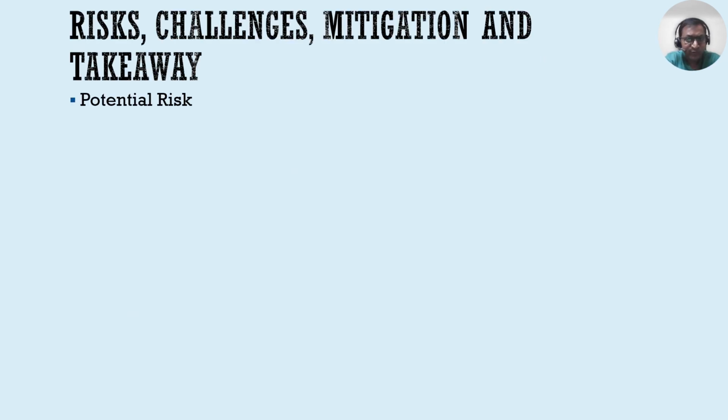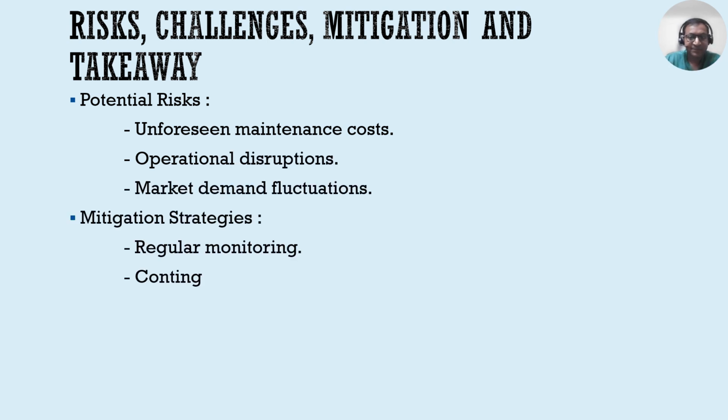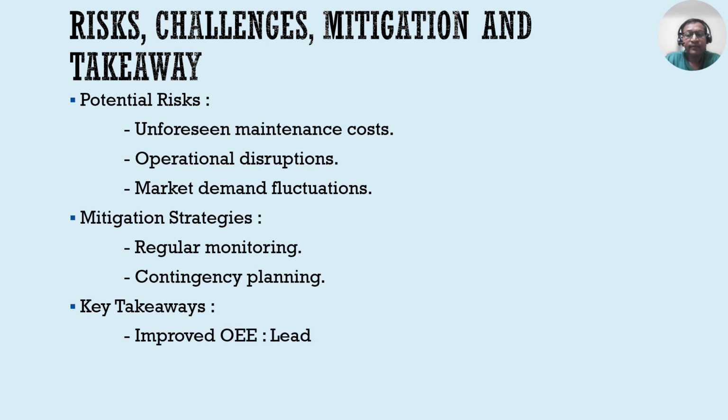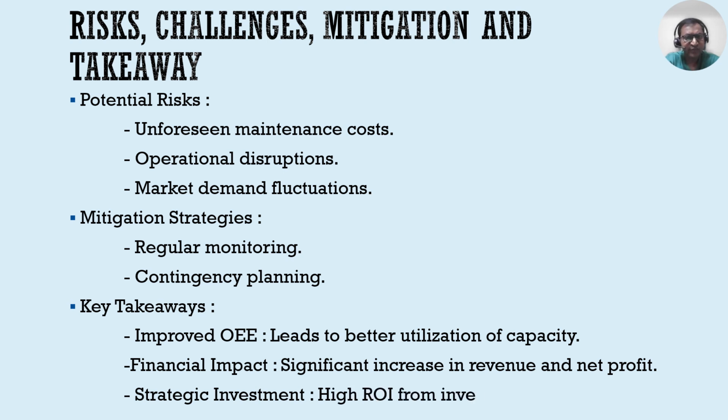There are some potential risks and challenges along the way to achieve the targeted goal and desired profitability. These are unforeseen maintenance costs incurred while conducting maintenance of machines and equipment. The initial projected budget may not be sufficient for maintenance in future since unforeseen maintenance can occur, which will raise the maintenance cost.